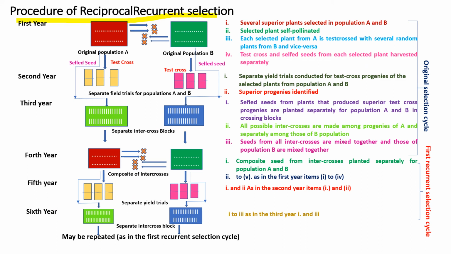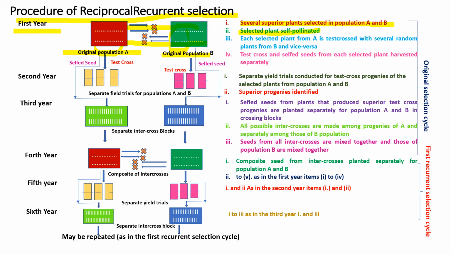Procedure of reciprocal recurrent selection. In the first year, several superior plants are selected in populations A and B. Here we take two populations, and for one the other is the tester.